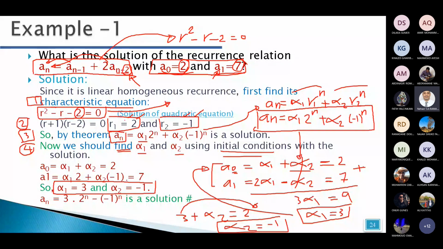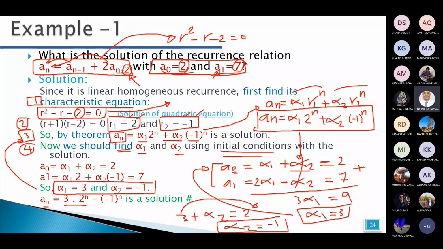After you get the value of alpha 1, alpha 2, put this value in the solution here, and instead of alpha, put its value. So an becomes equal, instead of alpha 1, 3. So 3 multiplied by 2 power n minus 1, because alpha 2 is minus 1.